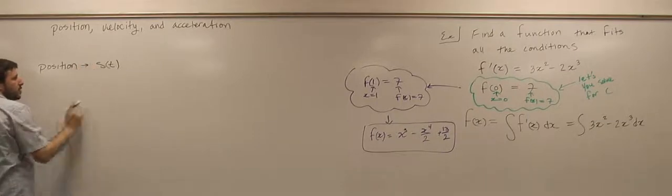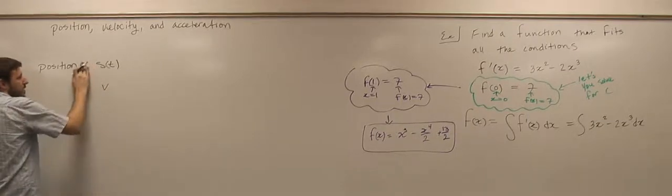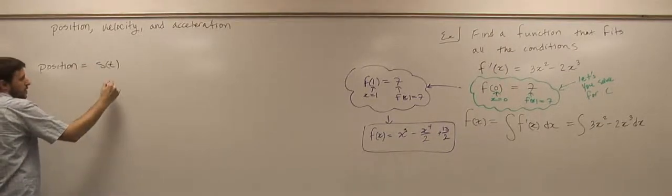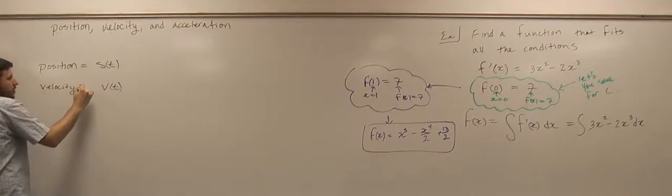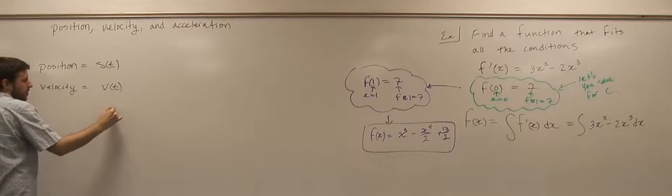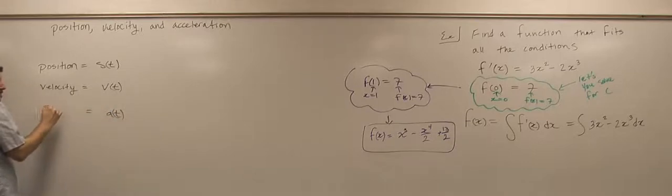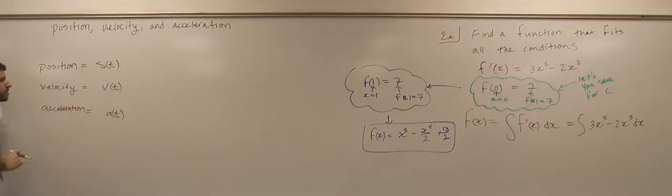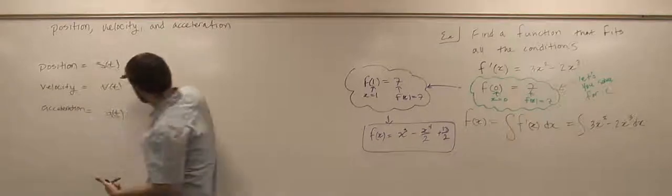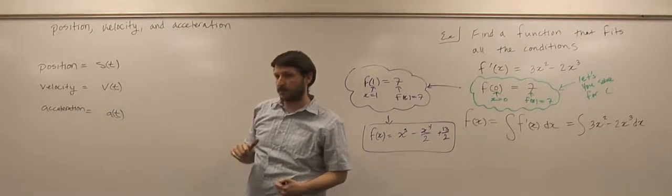And then we talked about the velocity of the ball at any time t. And we talked about the acceleration a little bit of the ball. Remember how these were related? Each one is the derivative of the one above it.